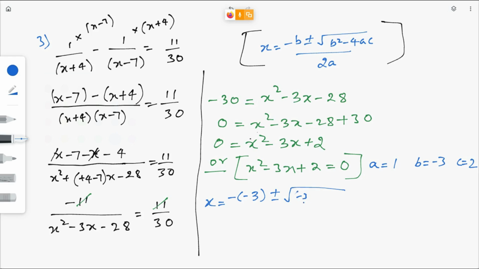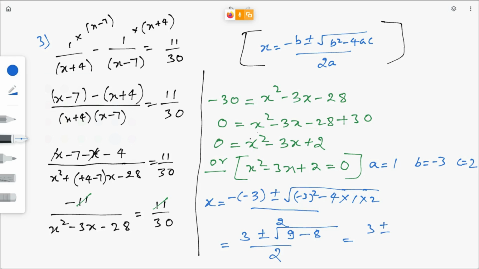Minus 3 square, minus 4ac, 4 into a which is 1, into c which is 2, divided by 2 into a, that is 2 again. If you simplify this one, 3 plus or minus root of 9 minus 8, divided by 2. So 9 minus 8 is 1, so you will get 1 here divided by 2, right?